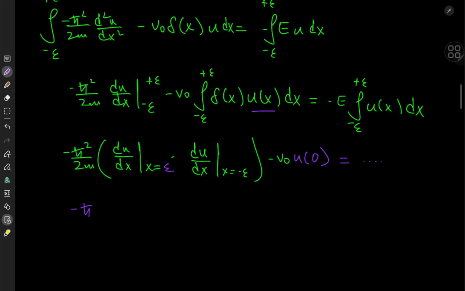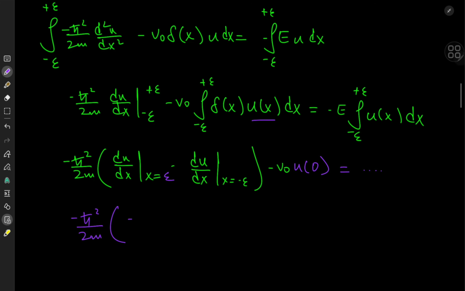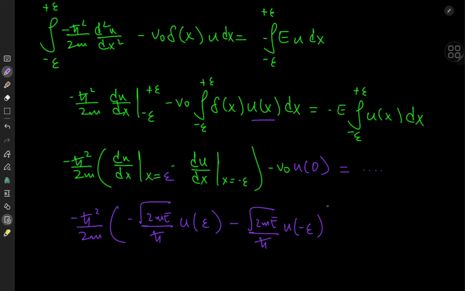It means we have negative h bar squared over 2m du over dx at x being positive is just negative root 2me over h bar times u of epsilon minus, now for x being negative, we're just going to have root 2me over h bar u of negative epsilon.